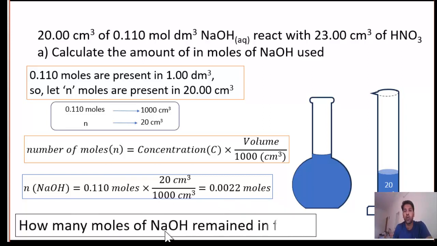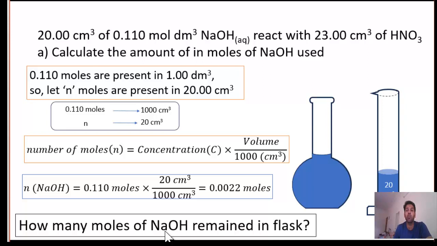Now, just out of curiosity, can you tell me how many moles of NaOH remained in that original 1 liter, 1 dm cube, of the solution? It is simple to understand. We can remove 20 ml of this original solution, which was 1 liter, and the concentration was 0.110 moles. That means in that 1000 centimeter cube, there was 0.100 moles.